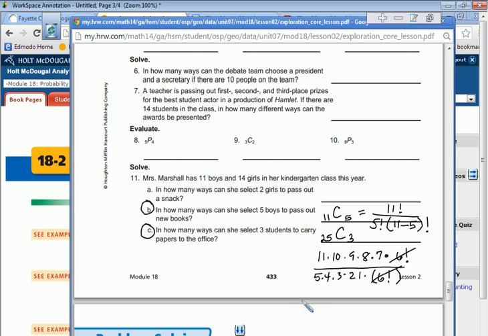And then just start canceling. So this goes into this, 3, and this goes into this, 2, and this cancels with that.